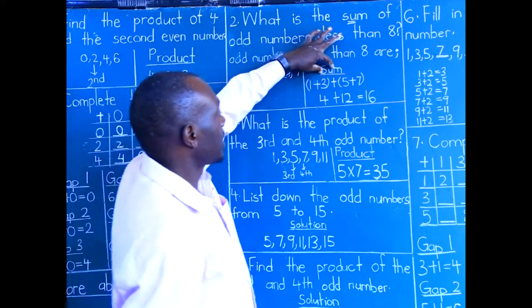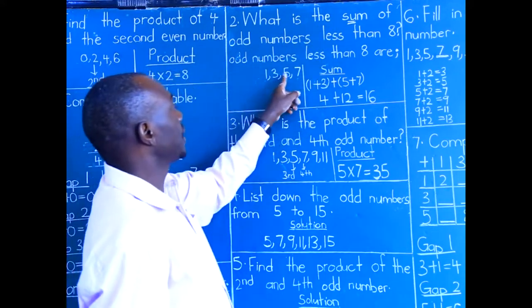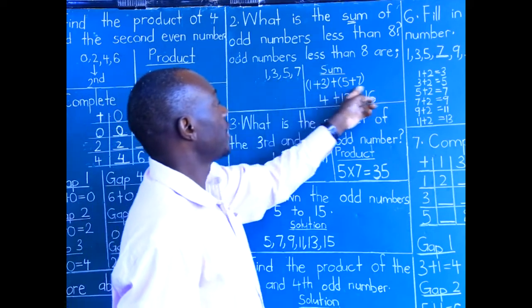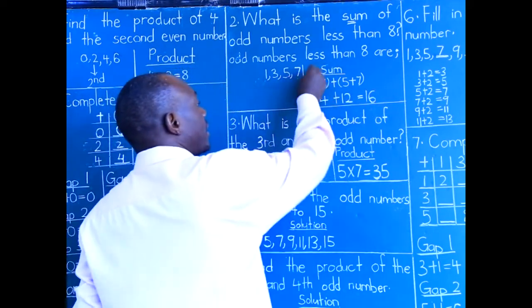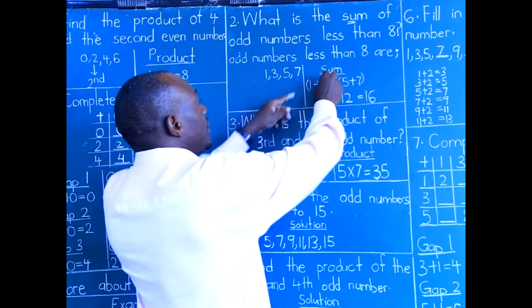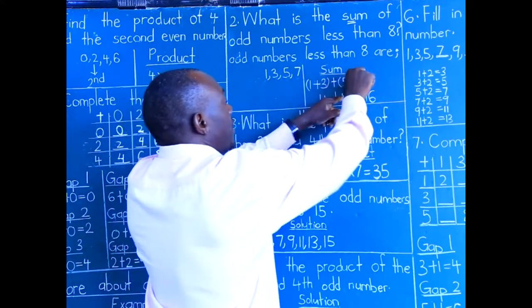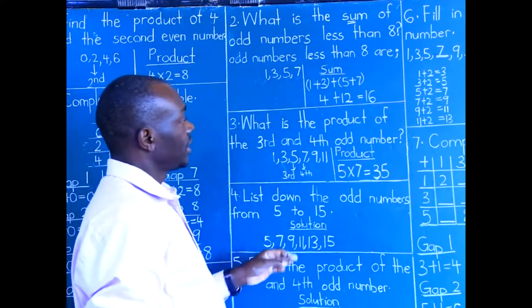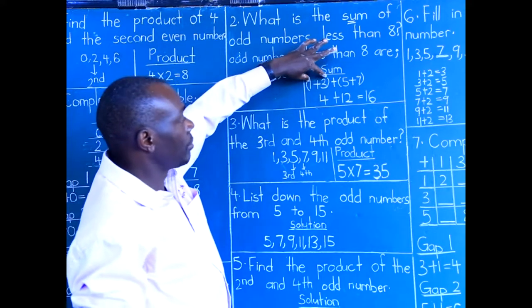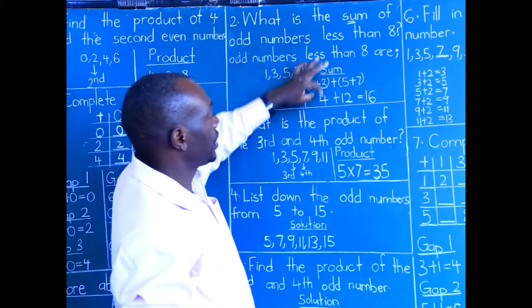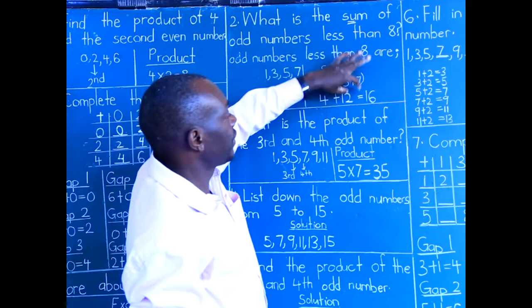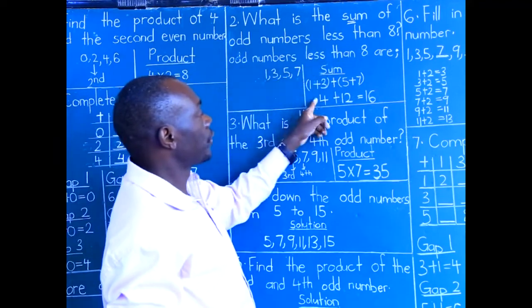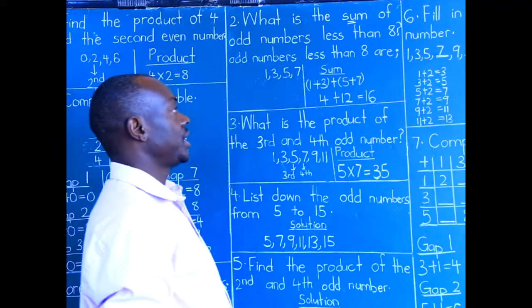So you say sum equals 1 plus 3 plus 5 plus 7. Divide them and then pair them for easy addition. You pair, meaning tie 2 things and then get one sum. Here 1 plus 3 gets 4, and 5 plus 7 gets 12. Now I've got 4 plus 12, which is equal to 16.